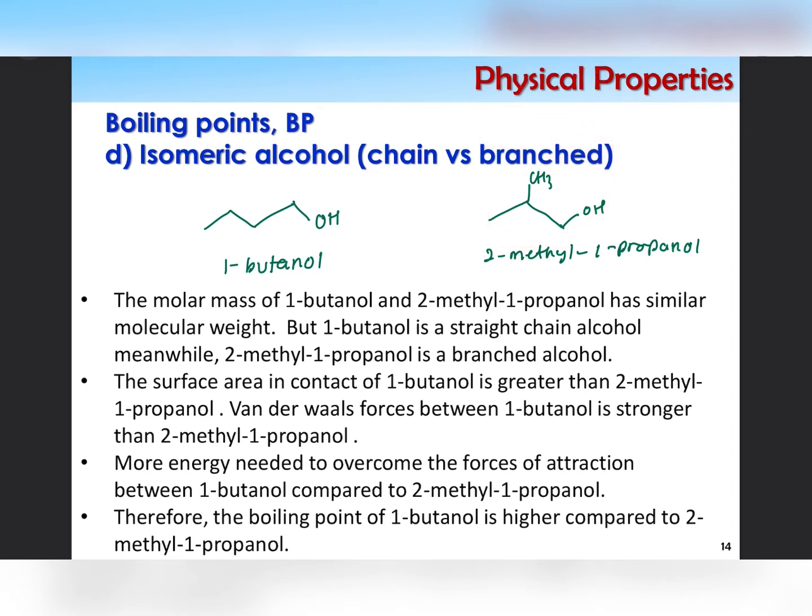That is why more energy is needed to overcome the forces of attraction between 1 butanol, okay, yang straight chain tadi, compared to branch structure 2 methyl 1 propanol. Therefore, boiling point of 1 butanol is higher compared to 2 methyl 1 propanol because of the chain ataupun branch structure.